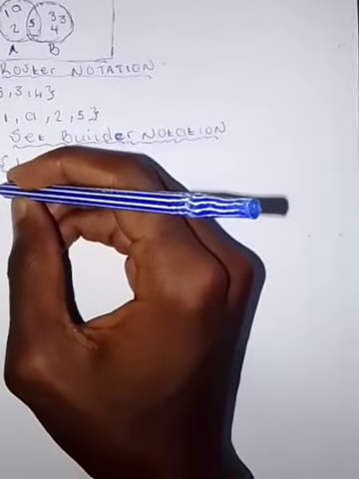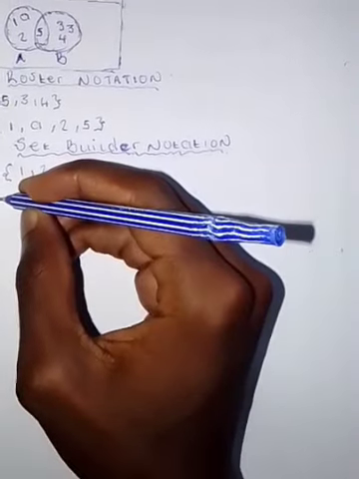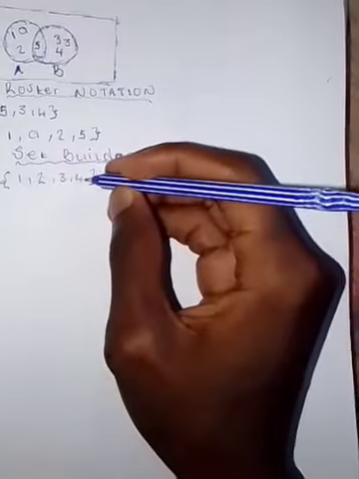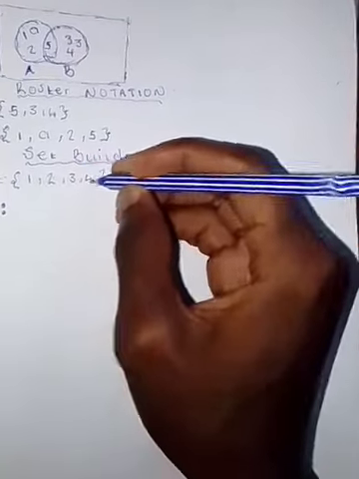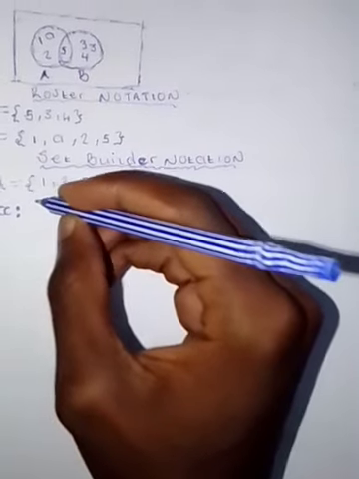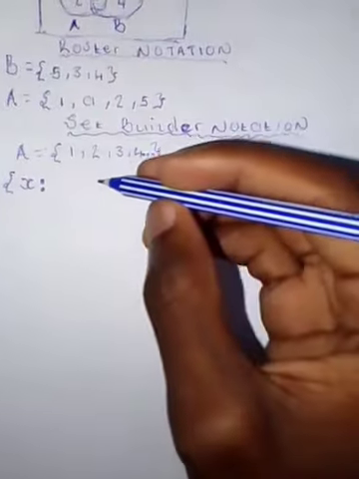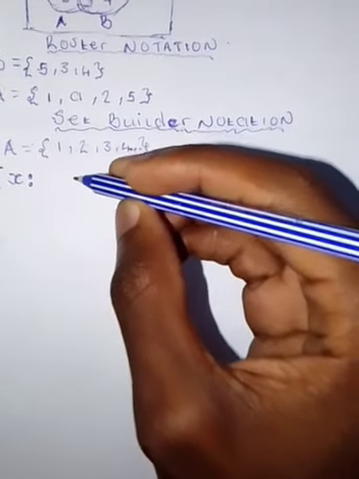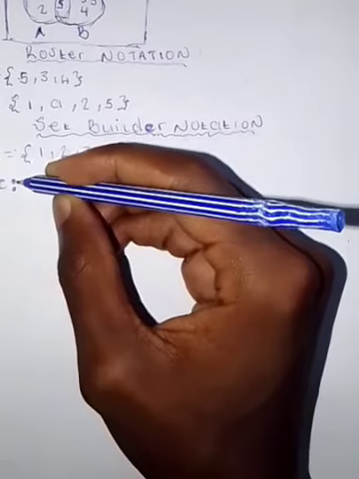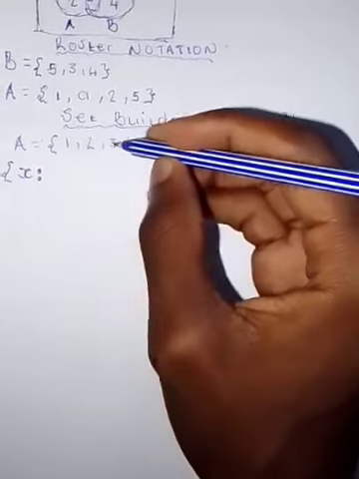Then you are going to put the colon. Then you are going to describe what kind of numbers. Let me just put three dots, since it's going to infinity. Now, what type of numbers do you have? What kind of elements is it having? In our scenario, this set is having natural numbers.